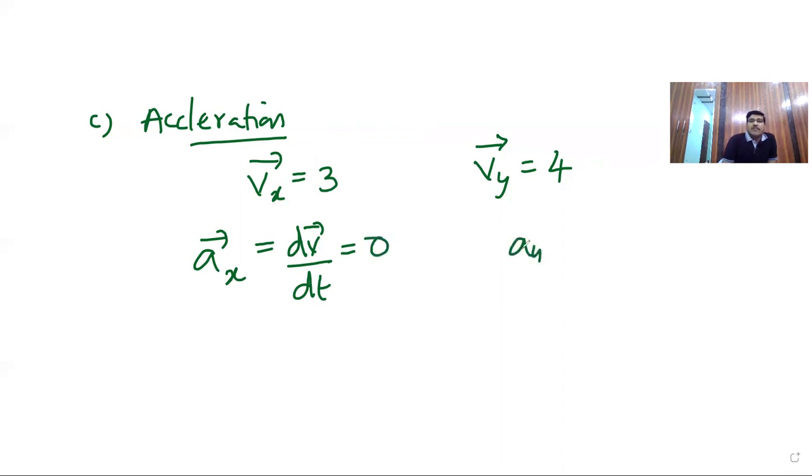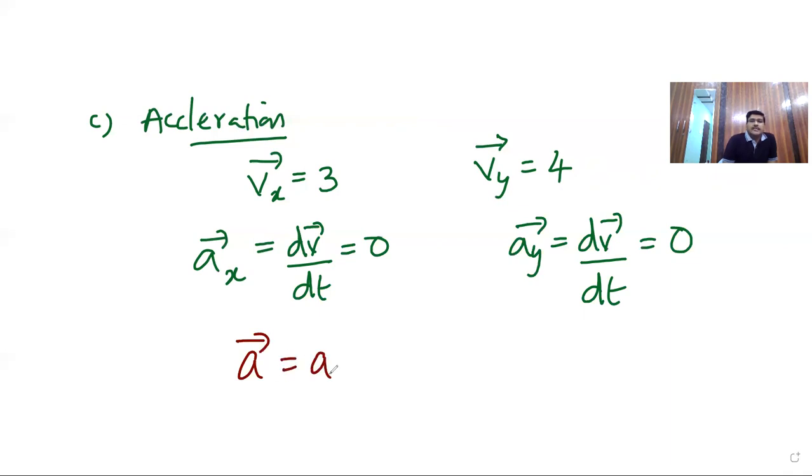Similarly, ay bar is dv bar by dt. Differentiate this expression with respect to time in y direction. 4 is a constant, differentiation is 0. So that means in both cases, ax bar is 0, ay bar is 0. So in the vectorial form, a bar is ax bar i cap plus ay bar j cap.